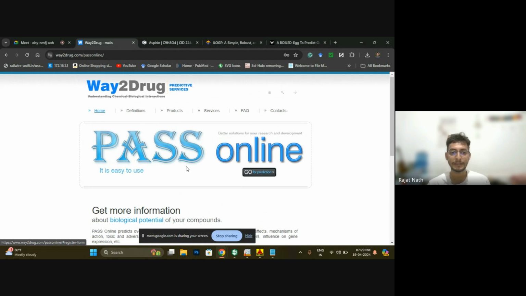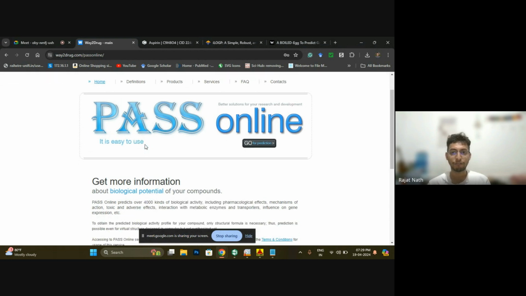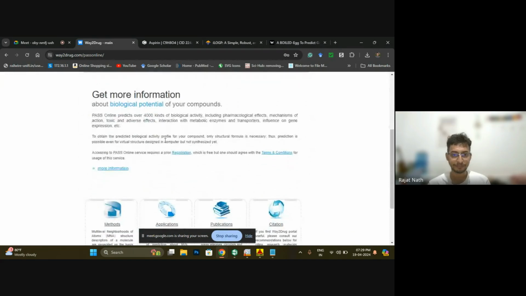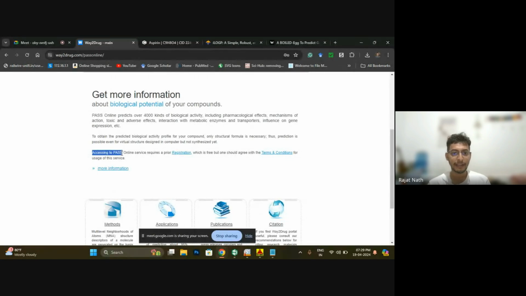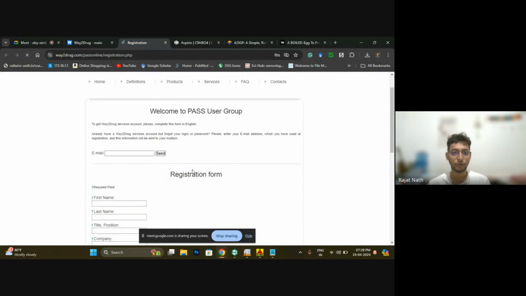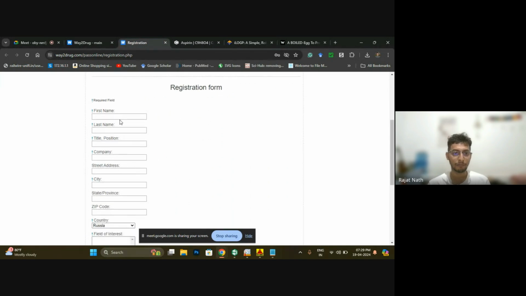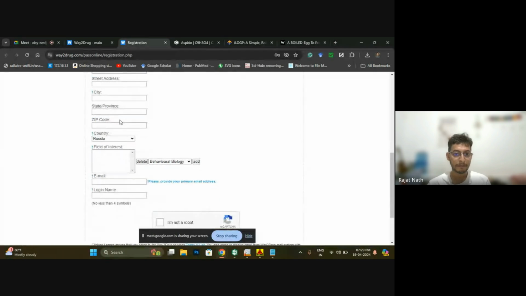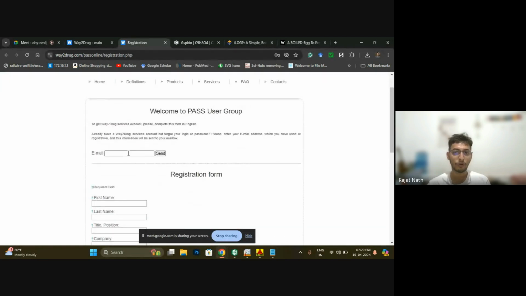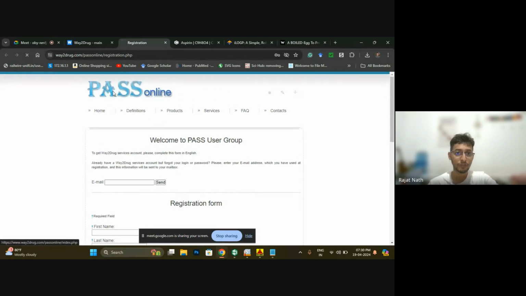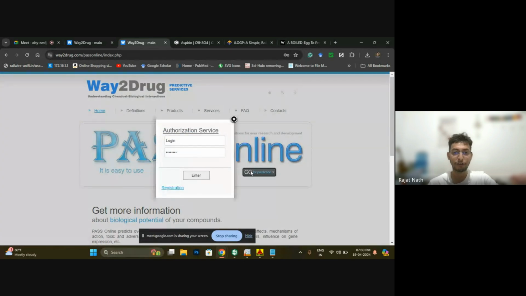We predict the bioactivity using the PASS online tool. Using this tool, you have to have one account on the Way2Drug server. To get this account, go to the registration part and complete the registration form. After that, you get a login option. I have my account, so I will log in.